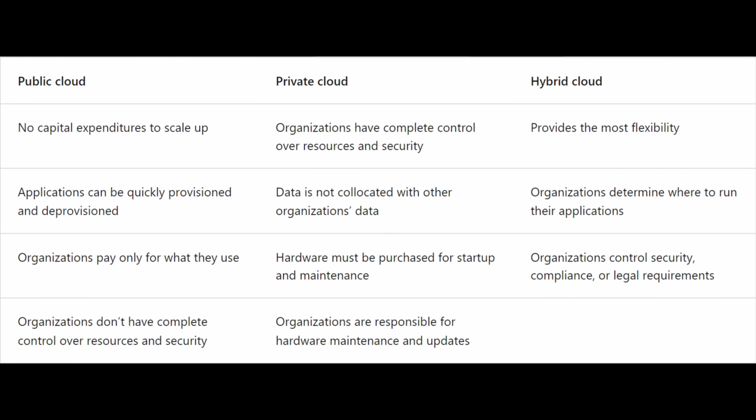Yes, you need everything when you go for private cloud, but you don't need all of this when you go for public cloud. Organizations are responsible for hardware maintenance and updates. So actually it's vice versa. If you have a public cloud option, then you don't need to do it. Otherwise, if you have a private option, then you need to take care of all of it.